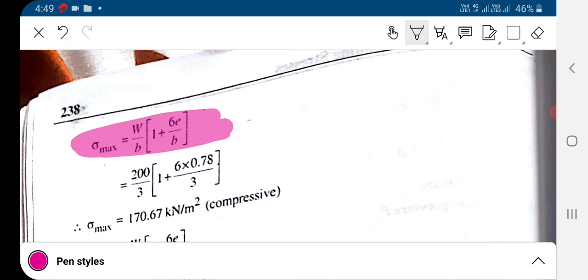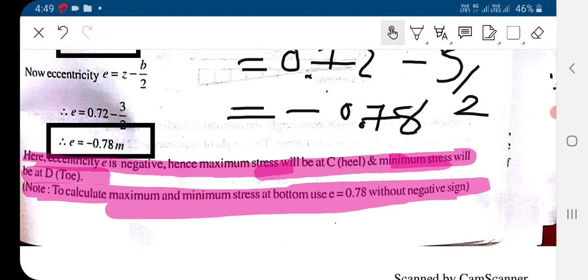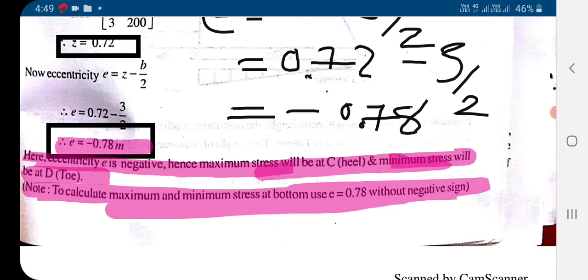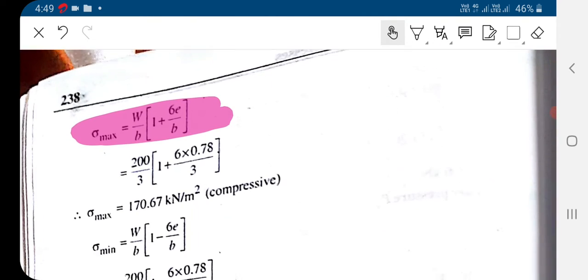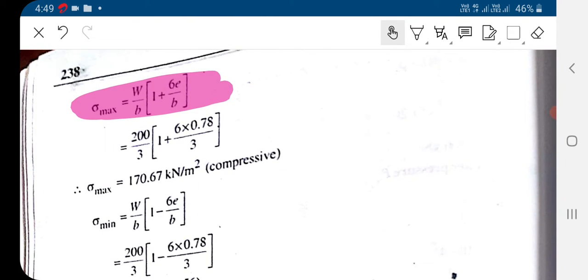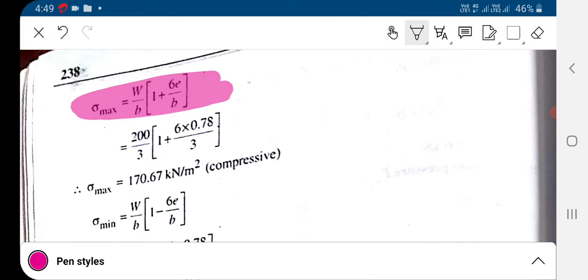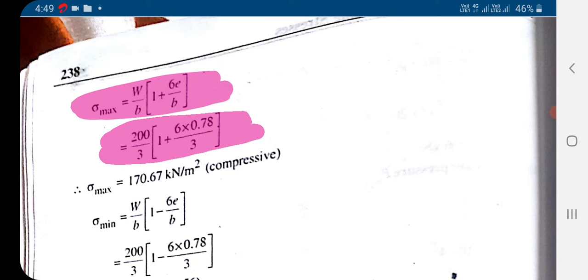E is the eccentricity. We computed E as minus 0.78, but here we put only plus 0.78, without considering the sign. B, as we have already seen, is 3 meter. So we put this data in the equation and do the computation.